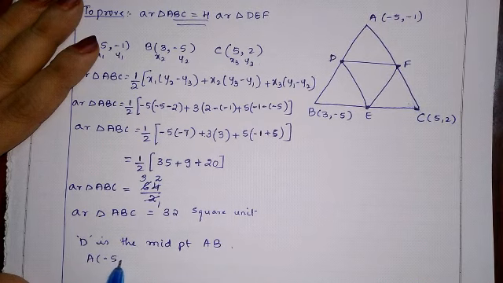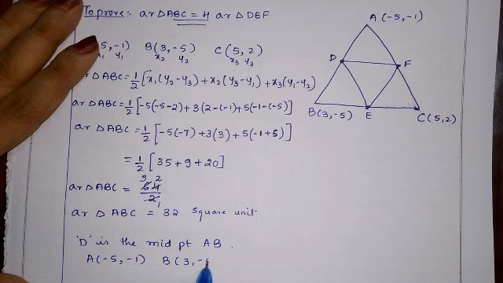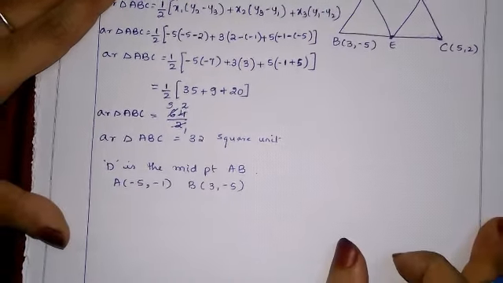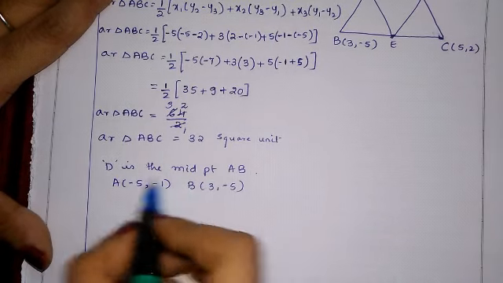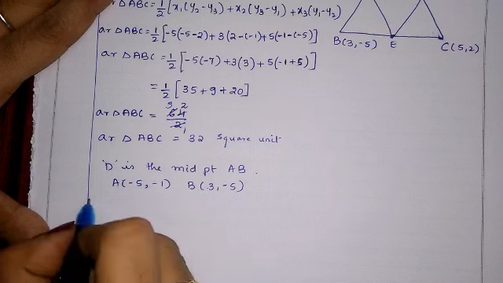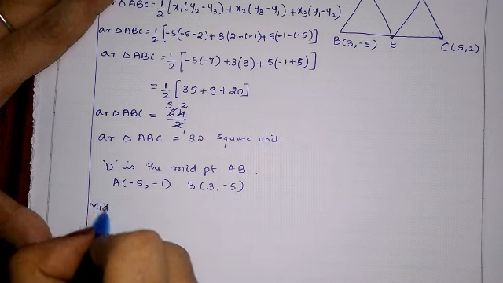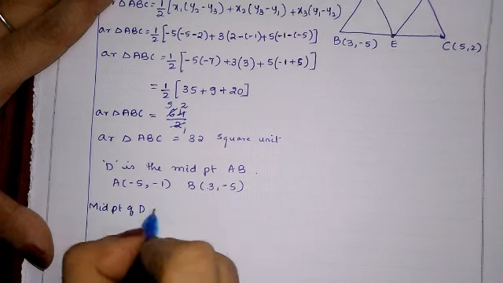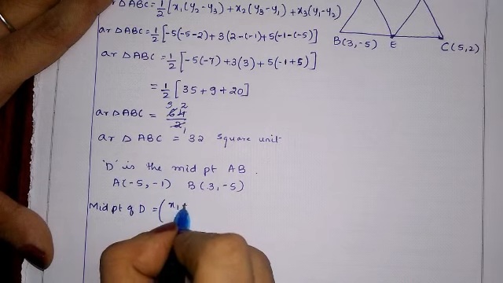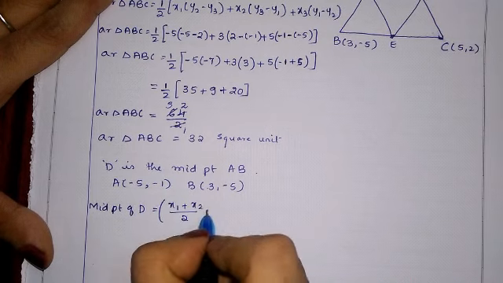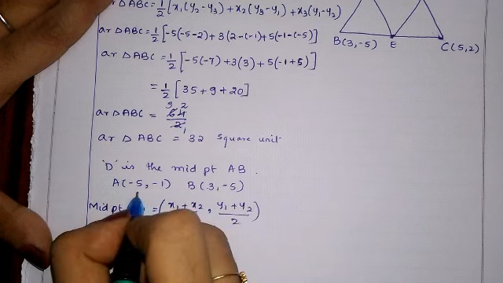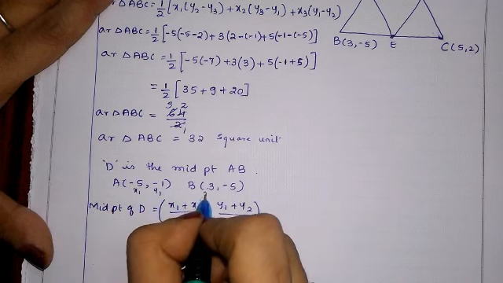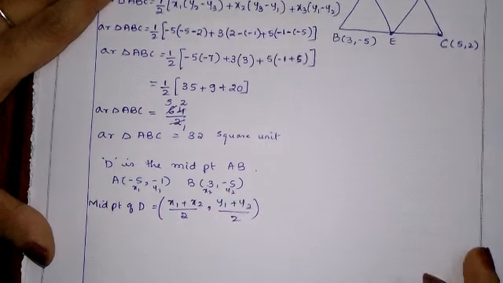We know the midpoint formula: midpoint D is equal to ((x1 plus x2) by 2, (y1 plus y2) by 2), where the first point is x1 y1 and the second point is x2 y2.